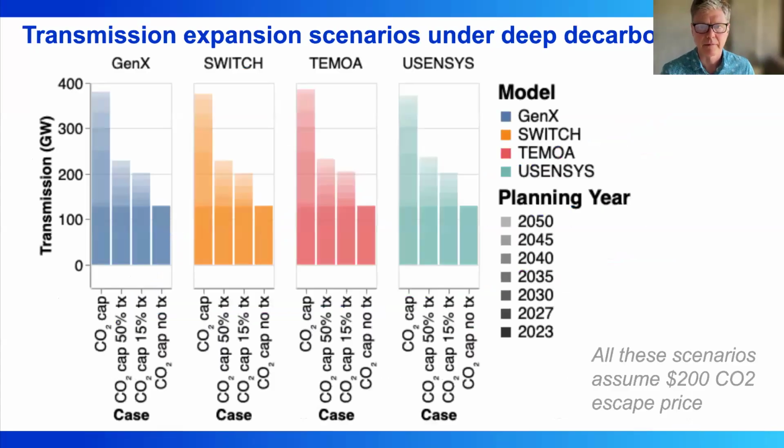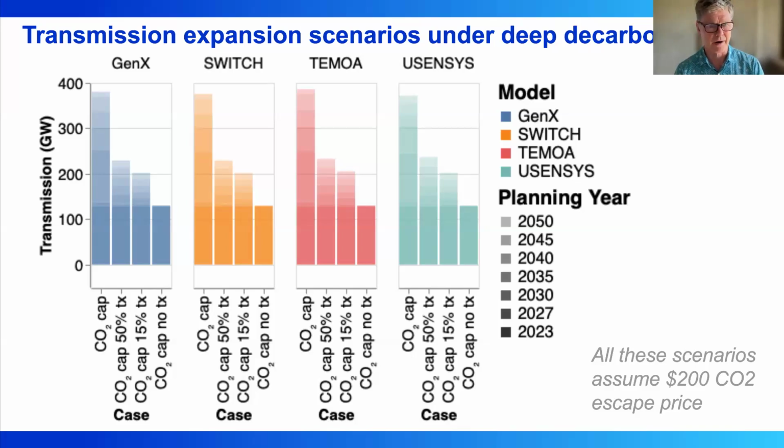Okay, next slide. Here we're going to look at transmission. The far right of each of these bar plots shows existing transmission gigawatts. I think it's gigawatt miles or something like that, I'm not exactly sure what that measure is, but the right bar gives us the total existing transmission.